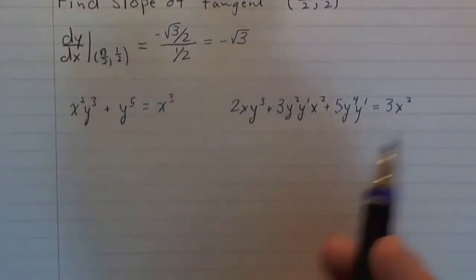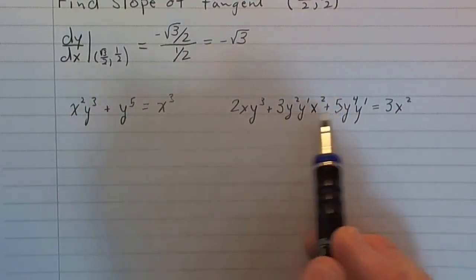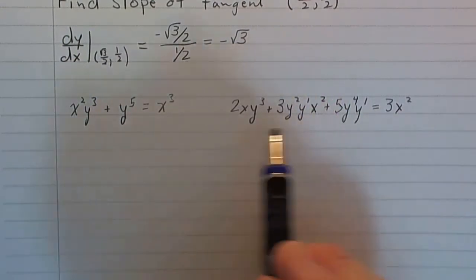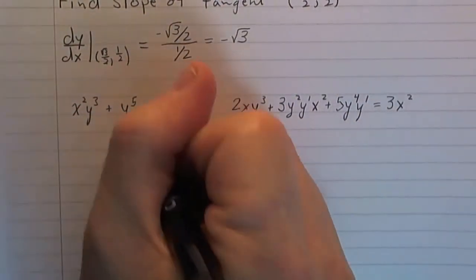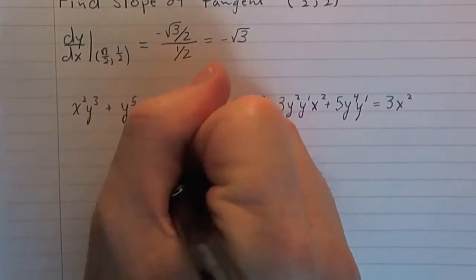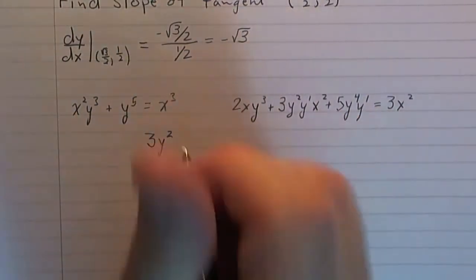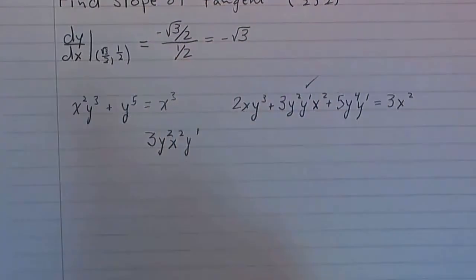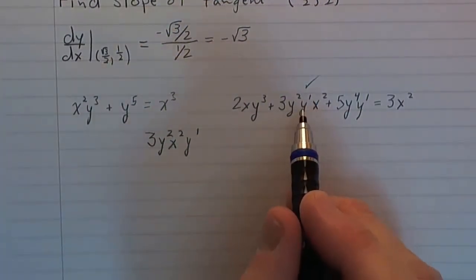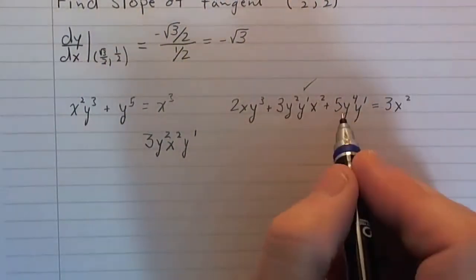So here's the way we do it. We gather our y prime terms on the same side, move everything else to the other. So here's what we have. We have 3y squared x squared y prime. That's this first term right here. And we also have this one.